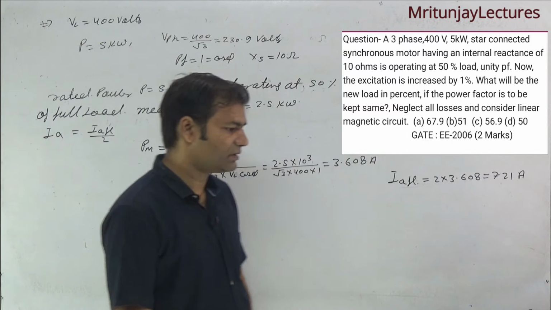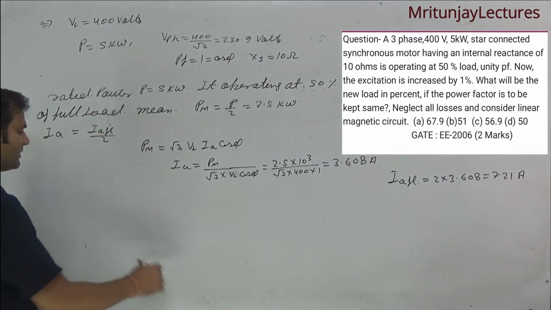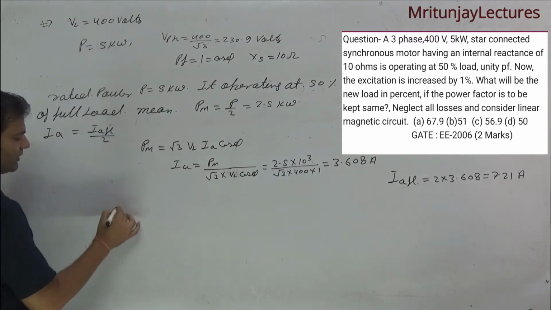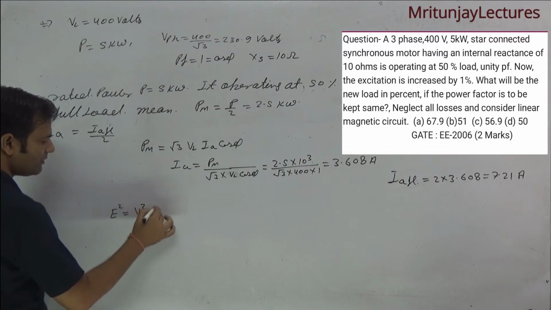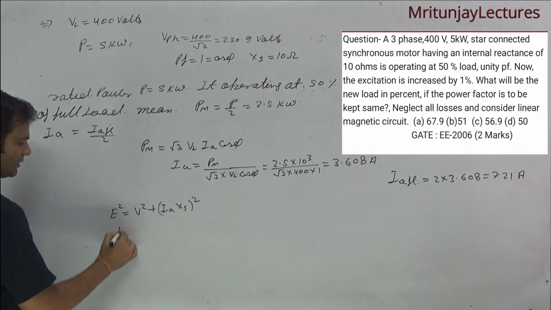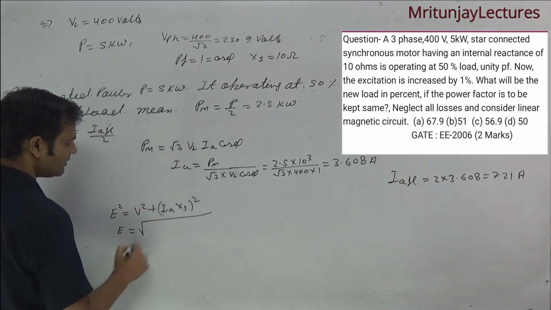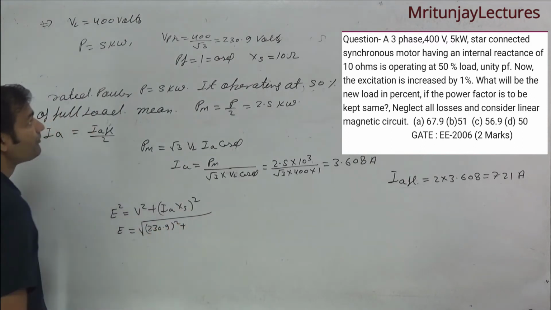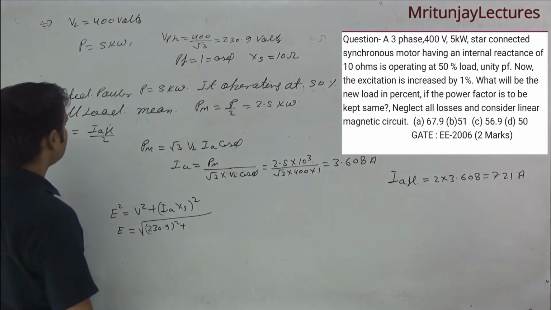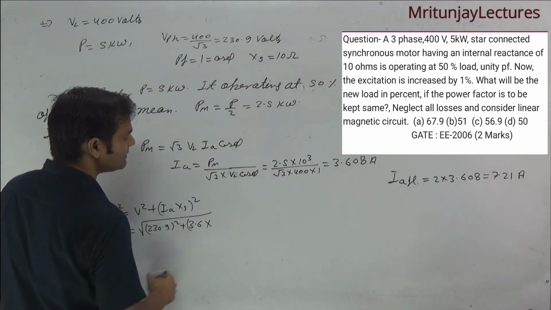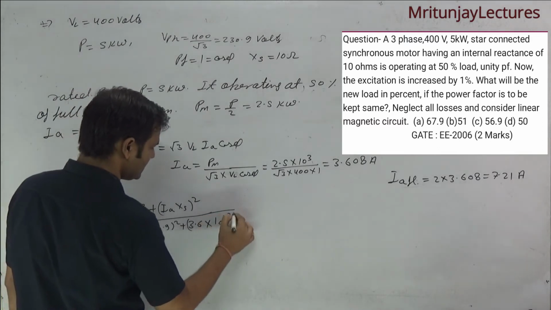Now corresponding to the question again: the excitation is increased. First of all, determine excitation at unity power factor. With the help of the phasor diagram, I got the formula: at unity power factor, E will equal under root V squared plus IA into X, the whole squared. V is 230.9 squared plus IA, 3.6, squared into X, 10 squared.